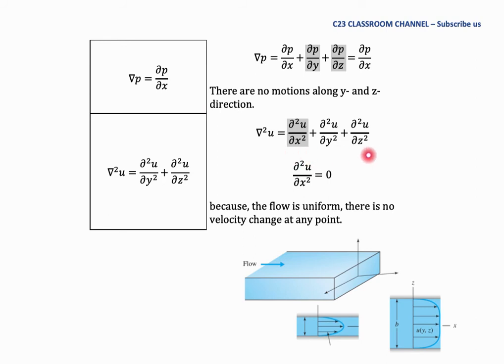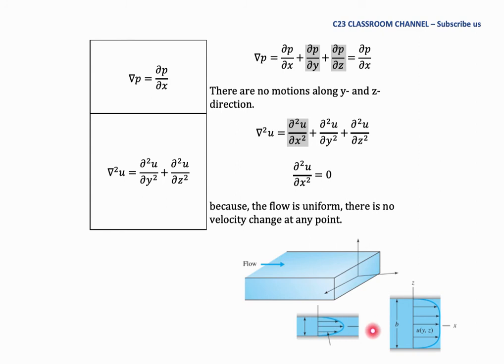You could see these terms here. In this question, we could take del square u over del x square as equal to 0 because the flow is uniform and there is no velocity change at any point. You may also refer this term to this diagram. For example, this is the side view of the velocity profile, and this is the x-axis.